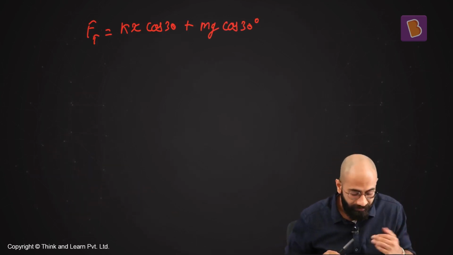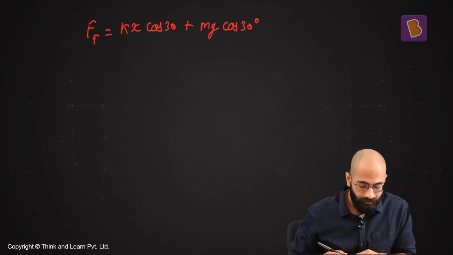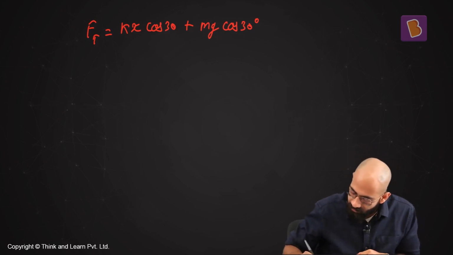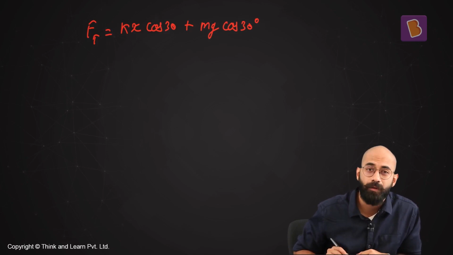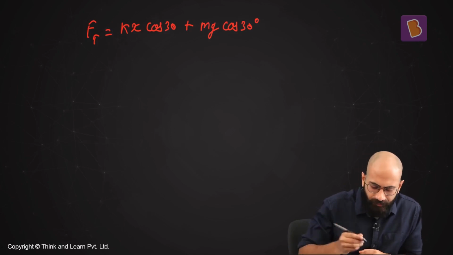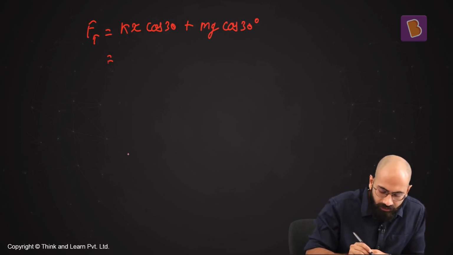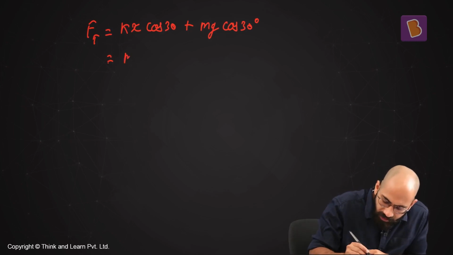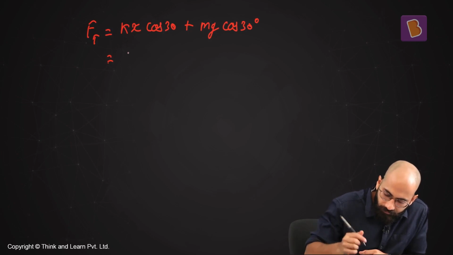So we have Ft, which is the tangential force, that is equal to kx cos 30 plus mg cos 30. So I've written that over here. Yeah. Now let's just simplify this because we know these values. We know k. What is the value of k? The value of k is given to be mg by r.